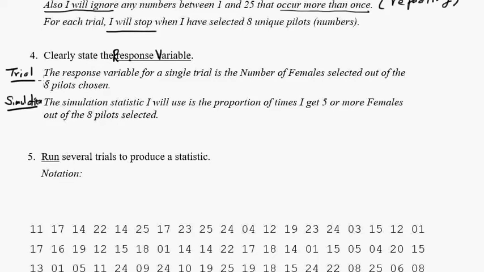In other words, what am I going to count, measure, or compute for each trial? Here, the response variable for a single trial is the number of females. That's what I want to count for each trial: the number of females selected out of the 8 pilots chosen. This I call the trial response variable.